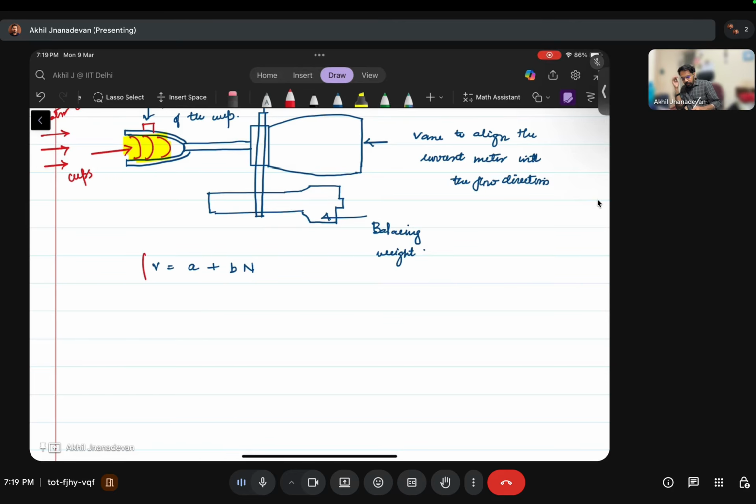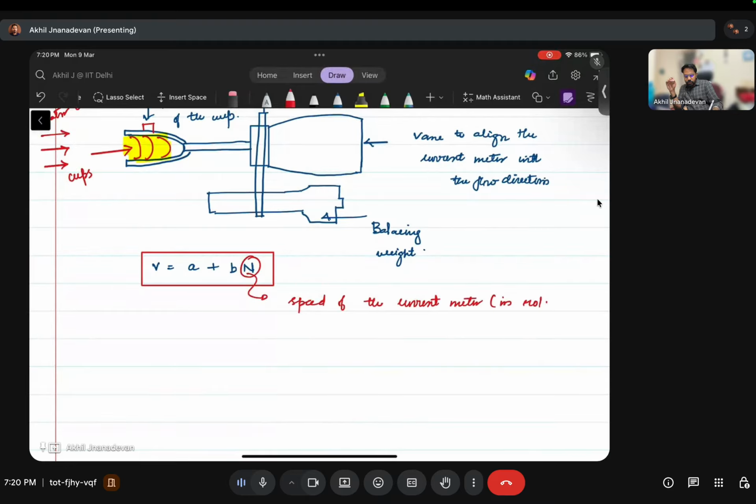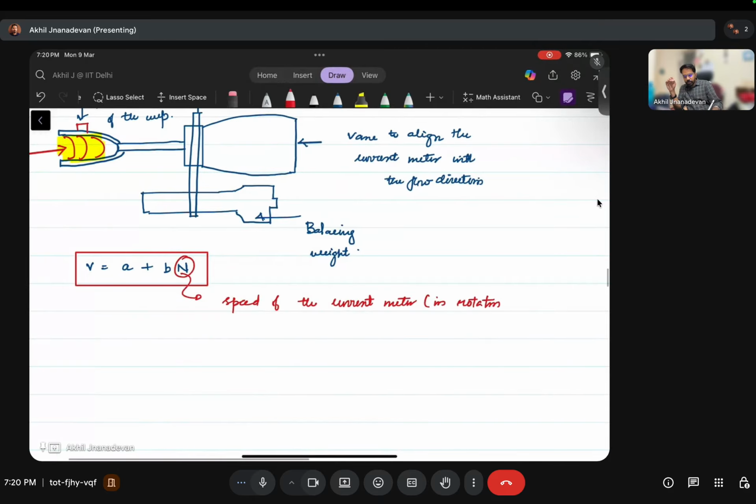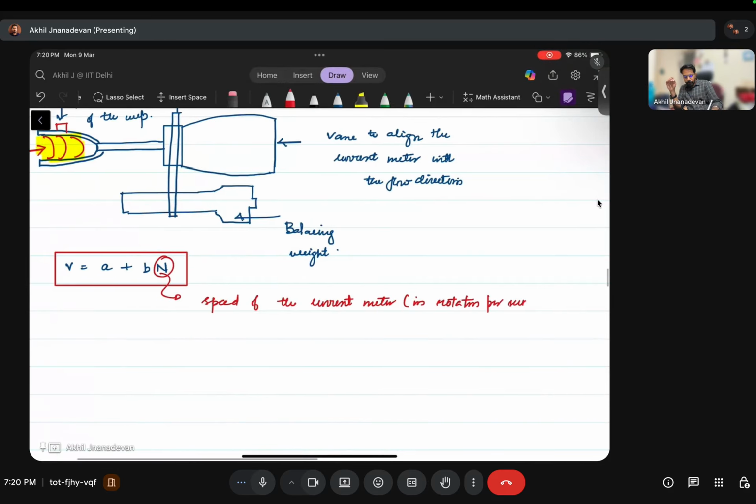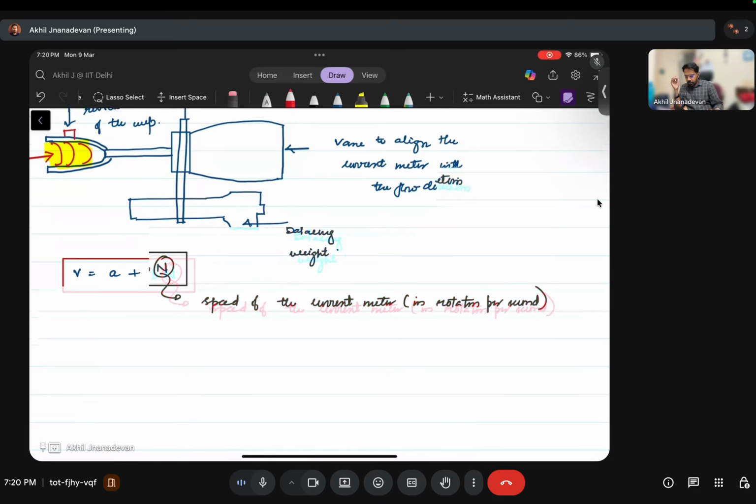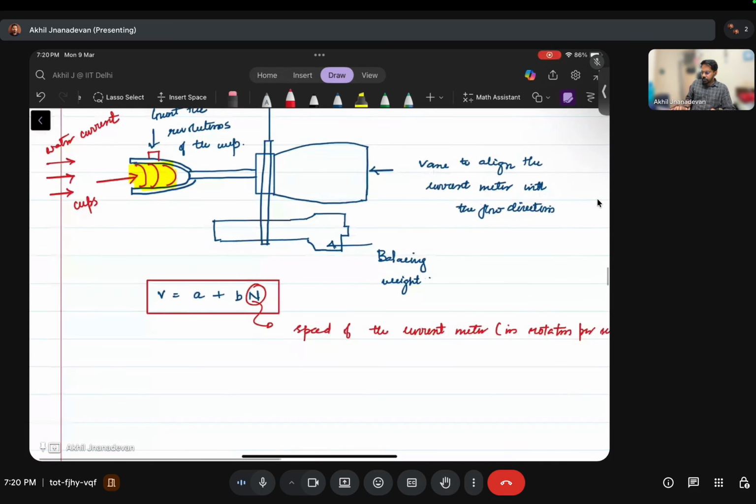Each meter is given its values of A and B. Here n is the speed of the current meter in rotations per second. If we substitute this, we have the velocity.